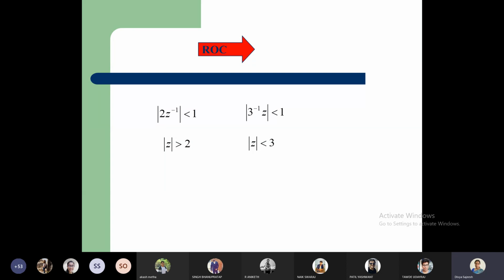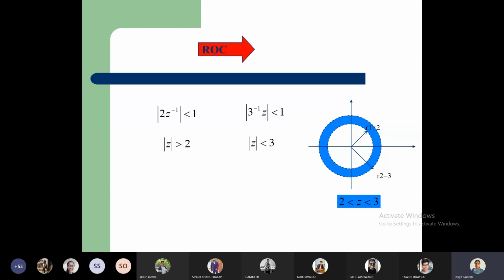So these are the two conditions to be met. One thing we got: Z should be greater than 2. The other one: Z should be less than 3. So Z should lie between 2 and 3. Let us show it graphically here. If you draw, we have two circles. R2 is equal to 3, then R1 is equal to 2.